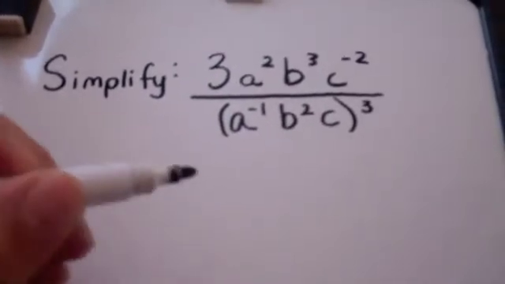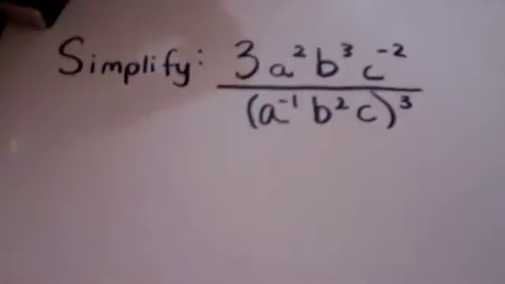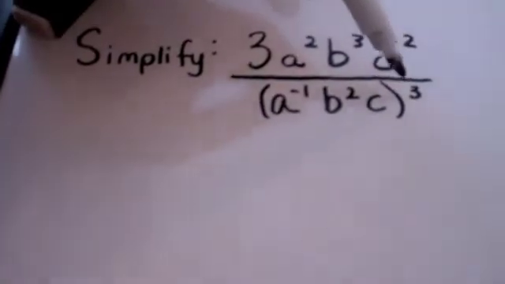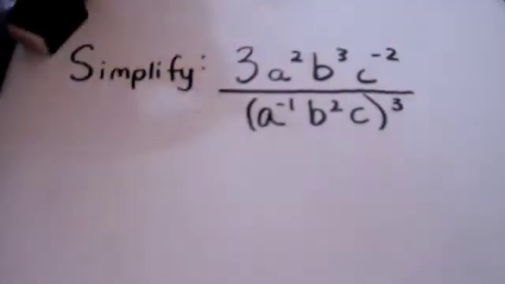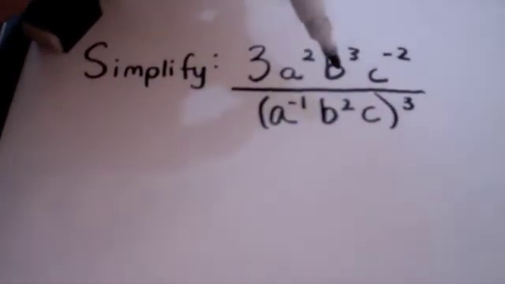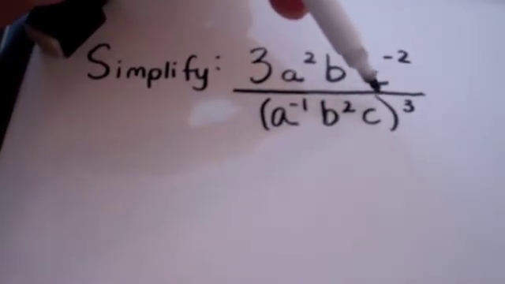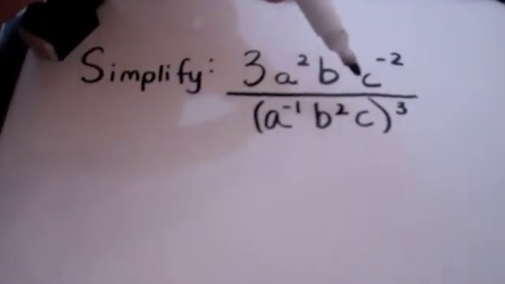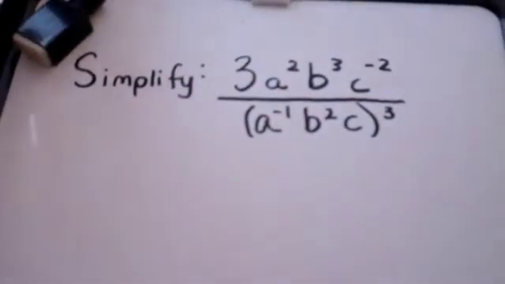The first thing I see is these parentheses, so I want to get rid of those, and the way we do that is if we have an exponent here and we're raising these exponents to this power, what we do is multiply. So we multiply -1 times 3, 2 times 3, and this is a 1 here, even though there's no actual number 1, it's just implied, so 1 times 3.